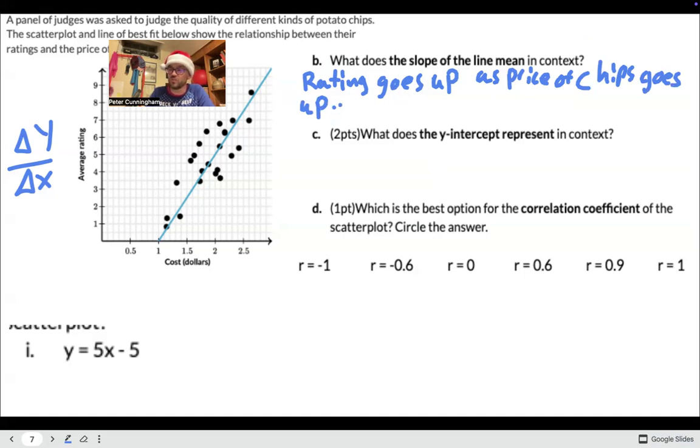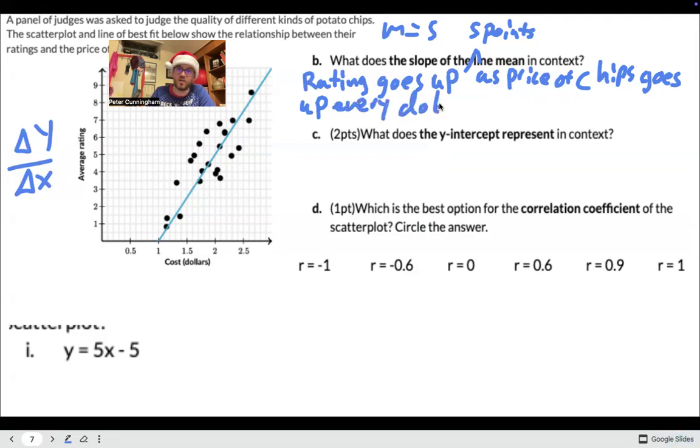A good answer is the rating goes up by, we're talking about our slope, we're going up by 5, right? We had m equals 5. So the rating of the chips goes up 5 points for every dollar spent as the price of chips goes up.